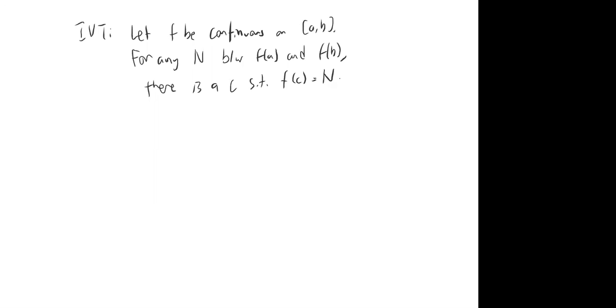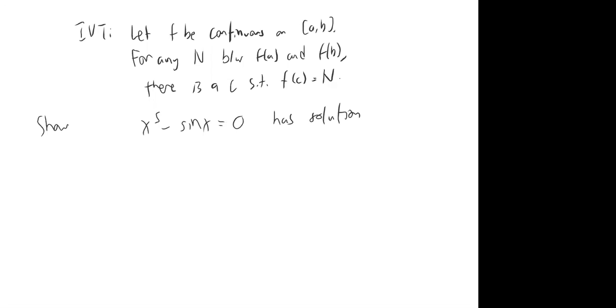So why is this useful? There are IVT questions. I'm not sure if we're going to ask that because it's sort of a short answer word problem, but you basically use it to show there's a root. Take x to the fifth minus sine of x. Show this has a solution.